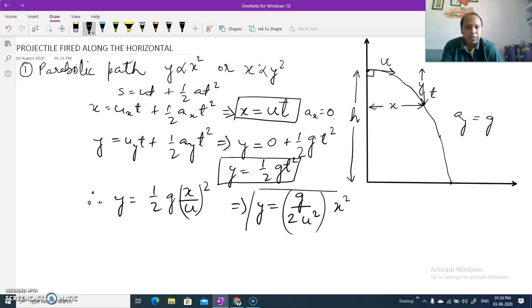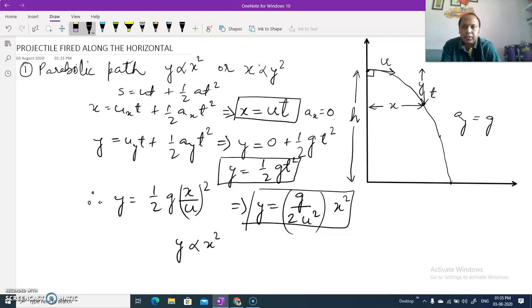And from this equation you can see here, we can easily write y is directly proportional to x square. So y is directly proportional to x square, which fulfills the concept of the parabolic path. So that's why we can say that the motion of a projectile is in a parabolic path. So I hope this is very clear to you.